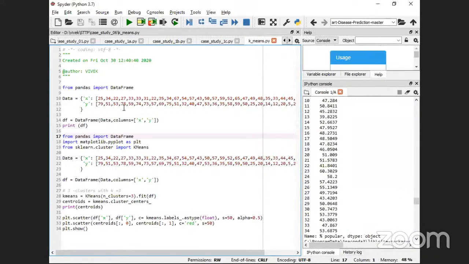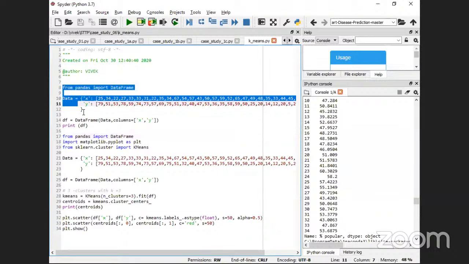So instead of taking from Excel, the values have been randomly generated here like this, and converted into data frames representing 2 columns, X and Y.